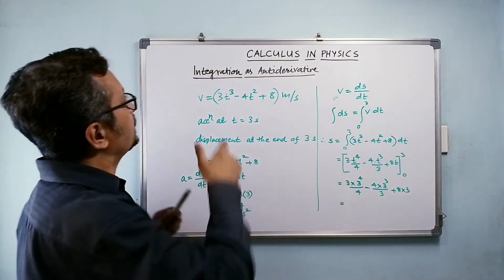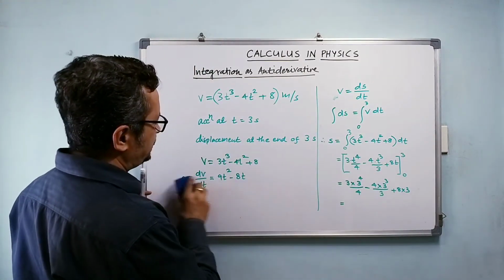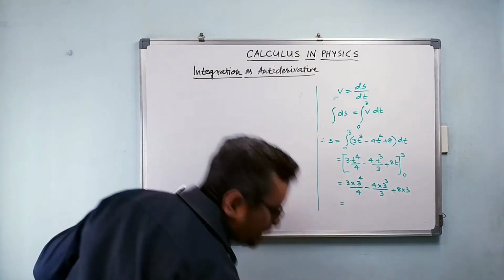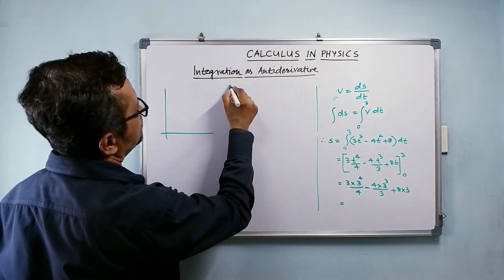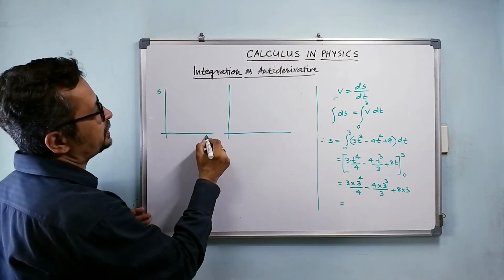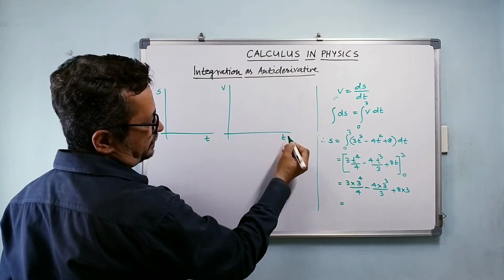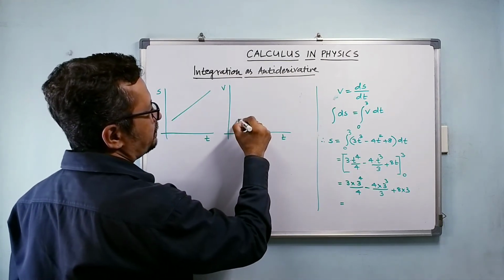Now one thing which I would like to finally say about this is, in kinematics, I have been given a graph. I have been given a graph of displacement with respect to time, velocity with time, and the graph is something like this.